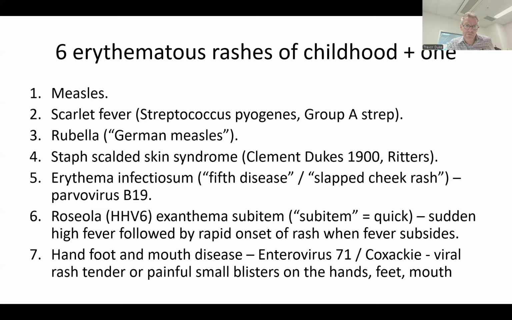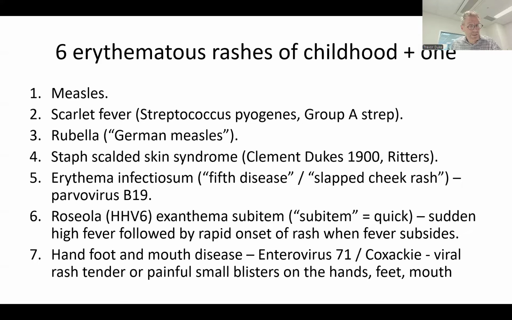It was described in the 1800s and 1900s. And there's a virus infection called fifth disease, or it was called fifth disease simply because it was the 5th type of erythematous infection, red rash, to be described, and that's erythema infectiosum. Sometimes it's called slap cheek rash, and it's due to parvovirus B19.